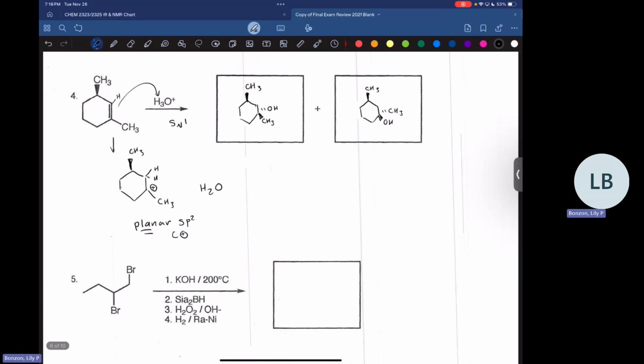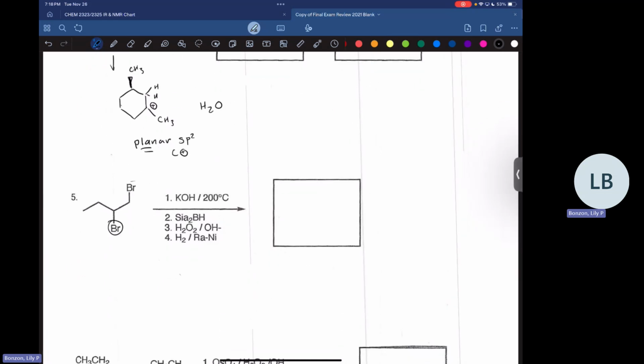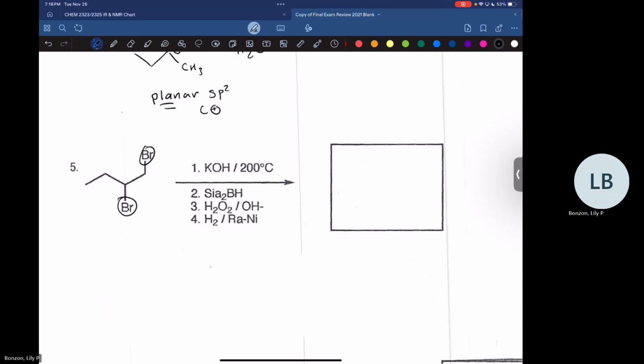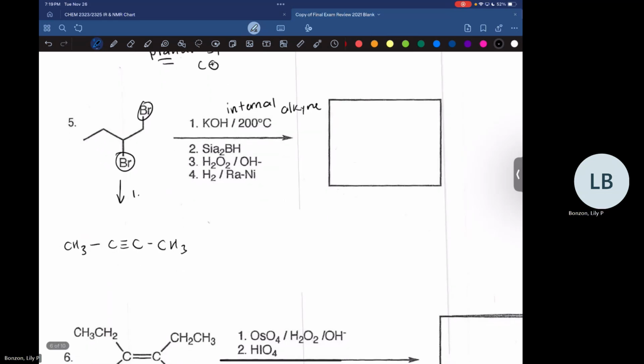Going on to reaction 5, we have KOH with a dihalide structure. So this one's going to form the internal alkyne. So step 1, we're going to form our 4-carbon alkyne with the triple bond in the middle. Steps 2 and 3 are coupled together, so we'll show them in the same step.